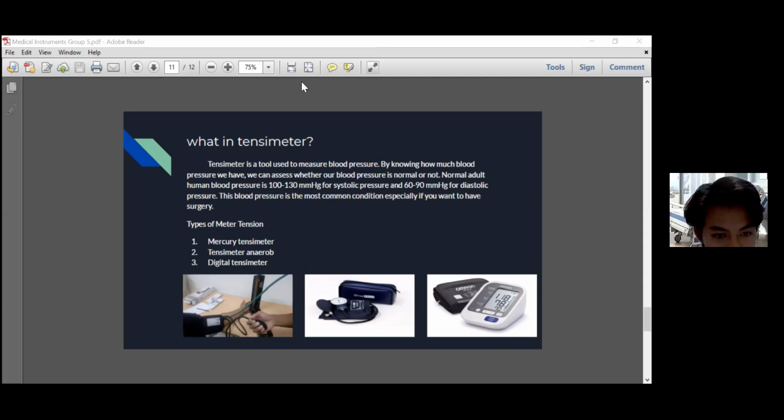This blood pressure is the most common condition, especially if you want to have surgery. Types of tensimeter: one, mercury tensimeter; two, aneroid tensimeter; three, digital tensimeter. Thank you. Next.